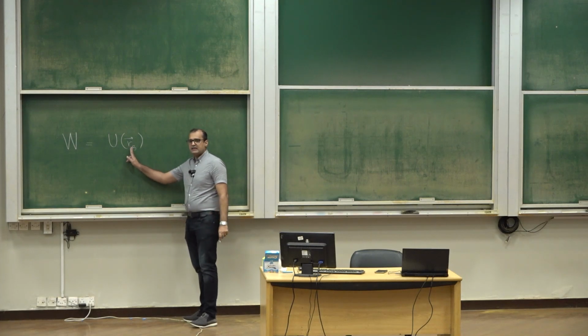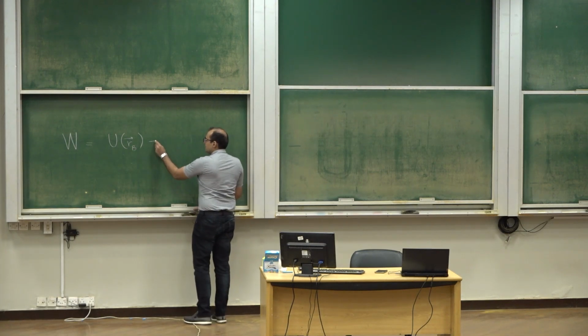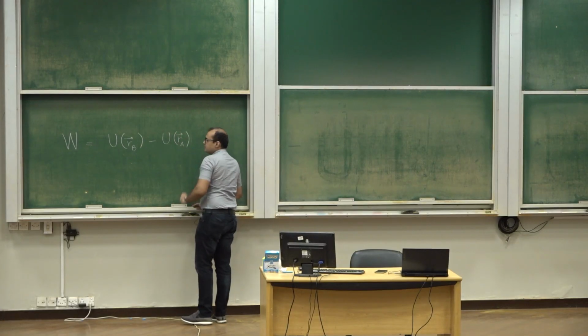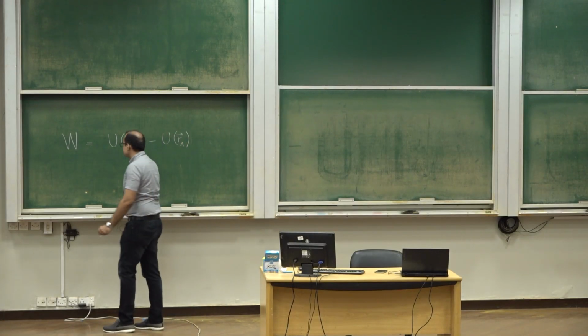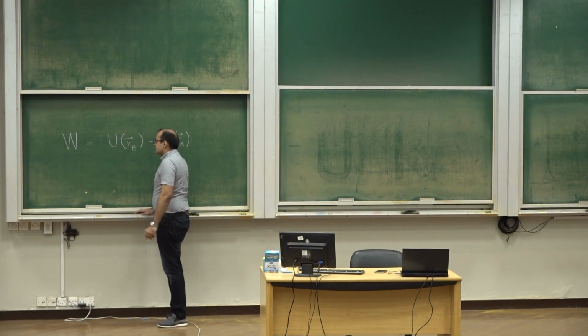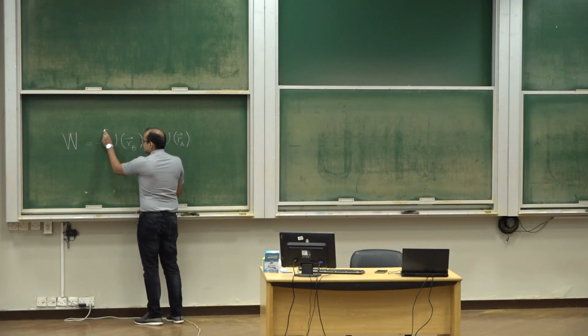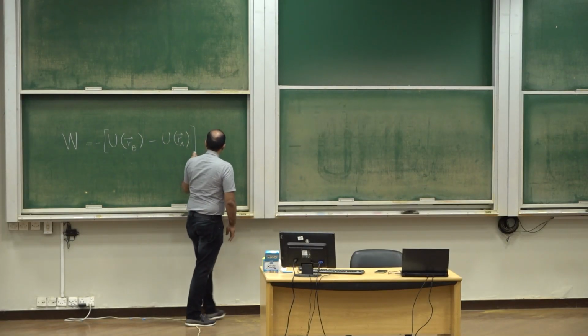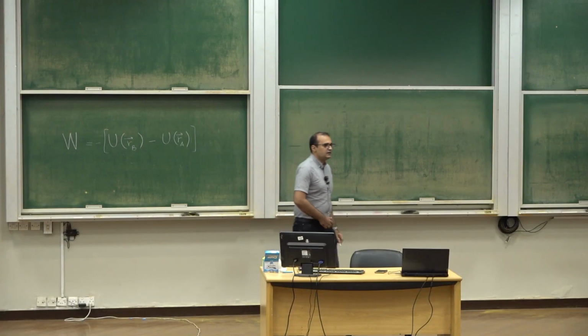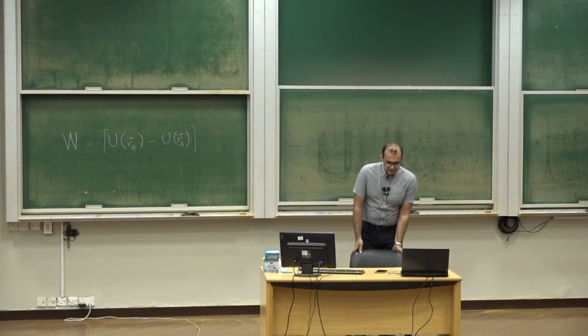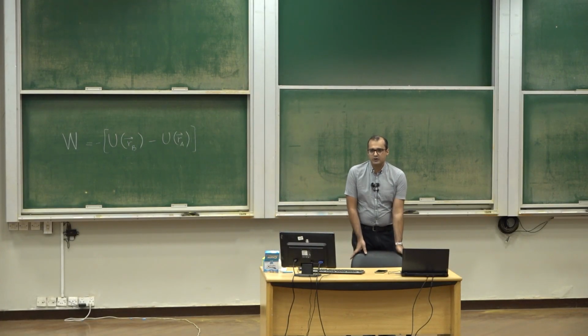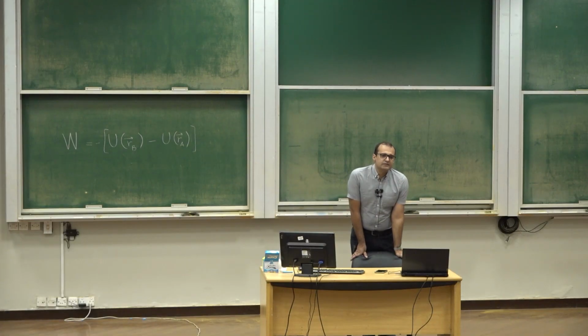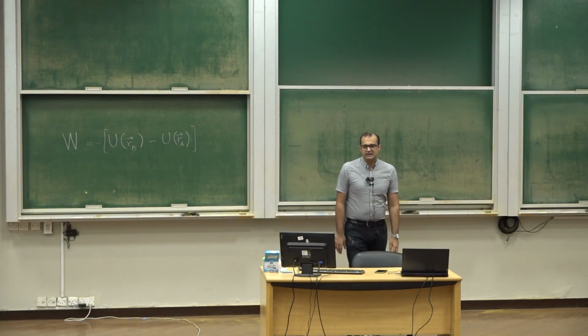You calculate it at the position vector of point B minus the position vector at point A. By convention, it's a convention choice to put an overall minus sign. So you define this function u such that the change in the value of this function between point A and point B gives you the negative of the work done by the conservative force.